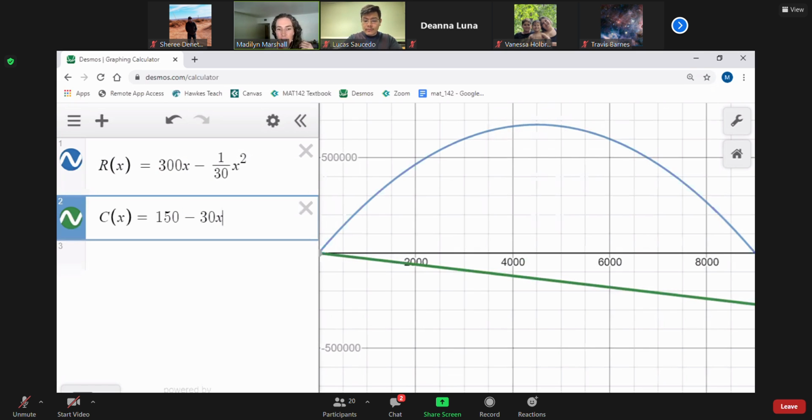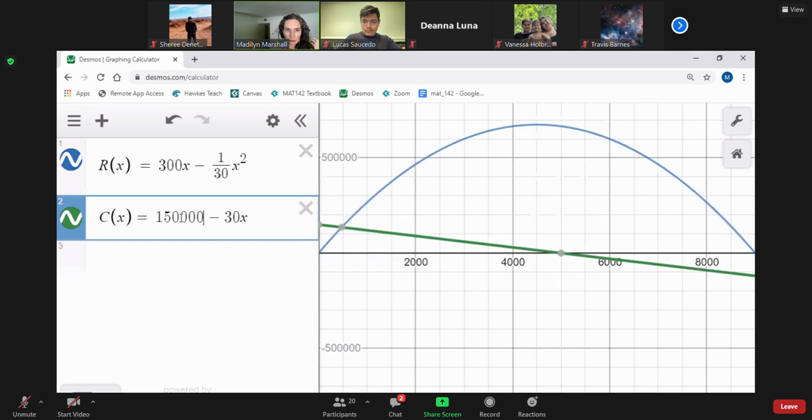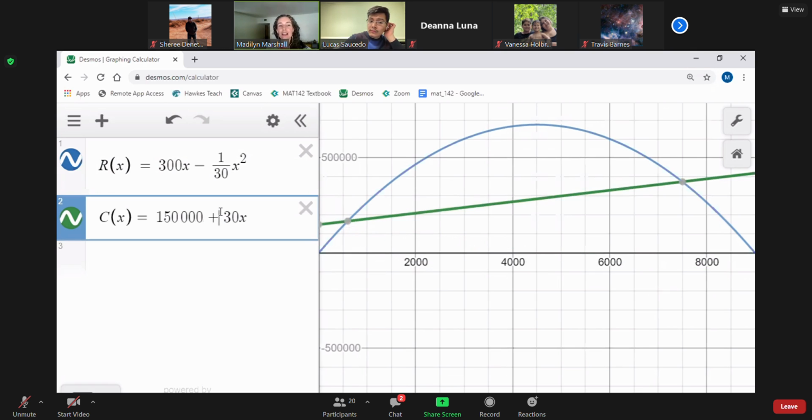I forgot what the cost function was apparently. 150,000, that'll change it, plus 30x. So if you're using Desmos or a TI, go ahead and start to put those in and try to figure out the break-even points and the loss and profit.